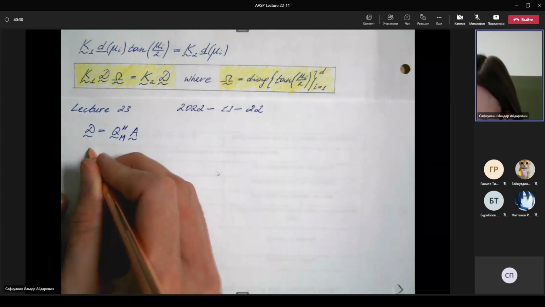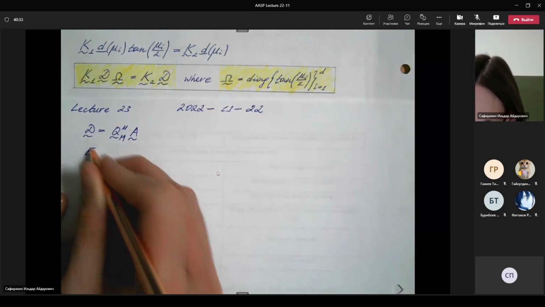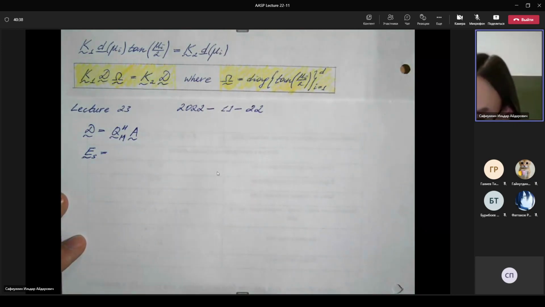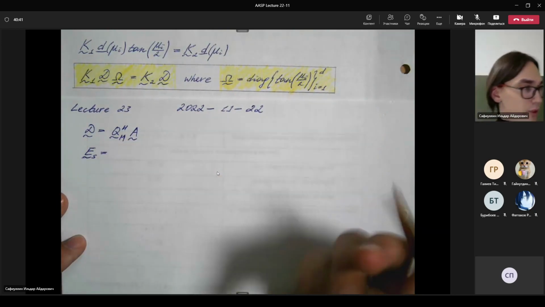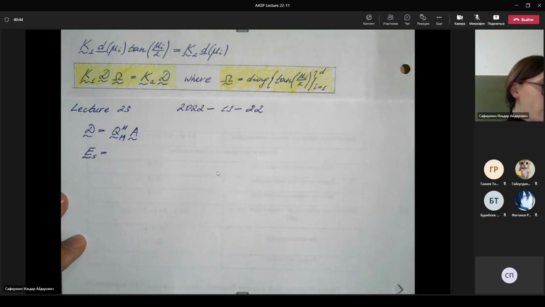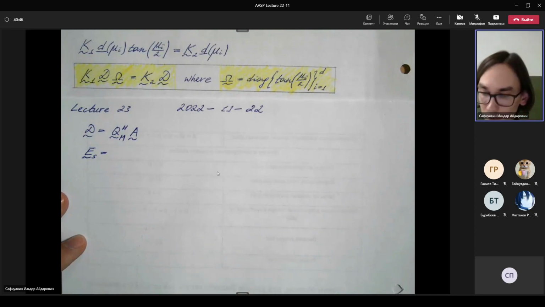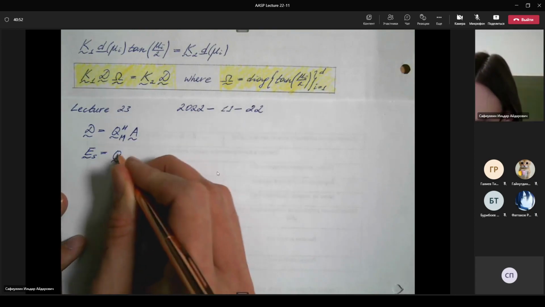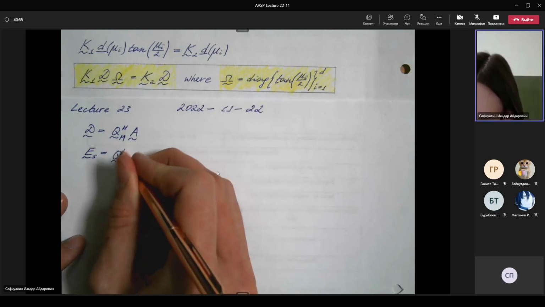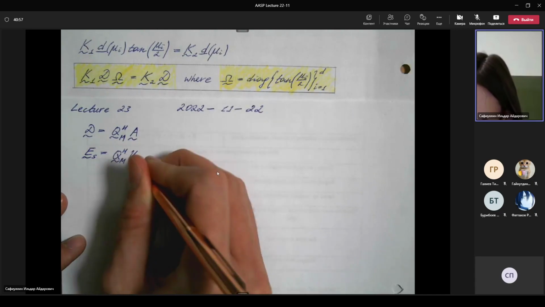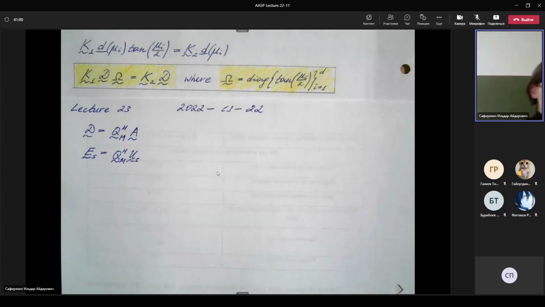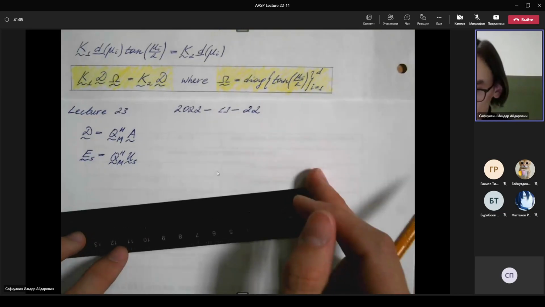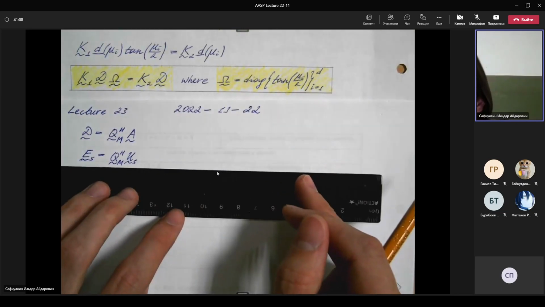And for the signal subspace, so E sub S, we need to multiply the original signal subspace with the same unitary matrix: Q of size M Hermitian times U sub S. Let's put these three equations into a box.